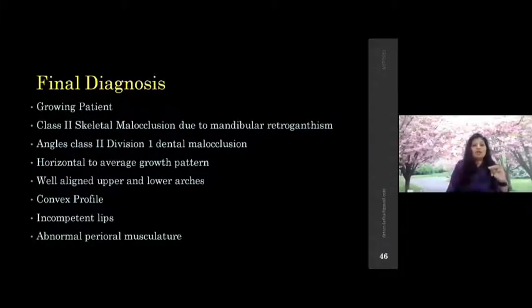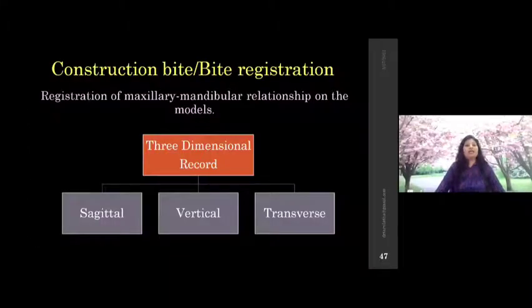Upper and lower arches need to be well aligned, and you should have a convex profile with deep bite. Perioral musculature abnormality can also be taken into consideration. So this is how the final diagnosis should be enlisted. Then coming to, so you have decided now that you want to give the twin block.